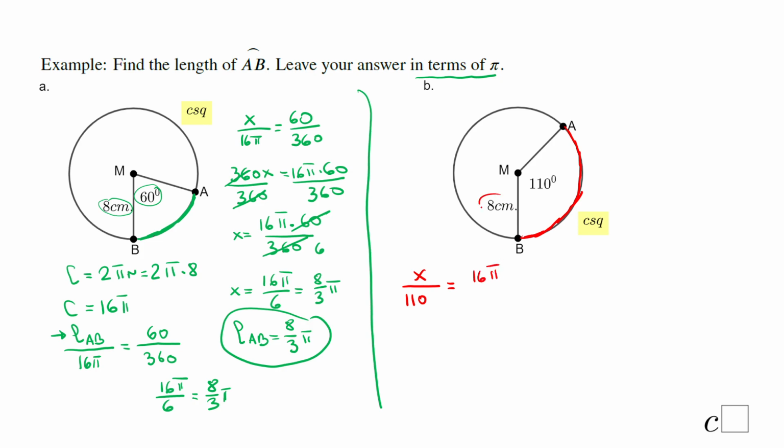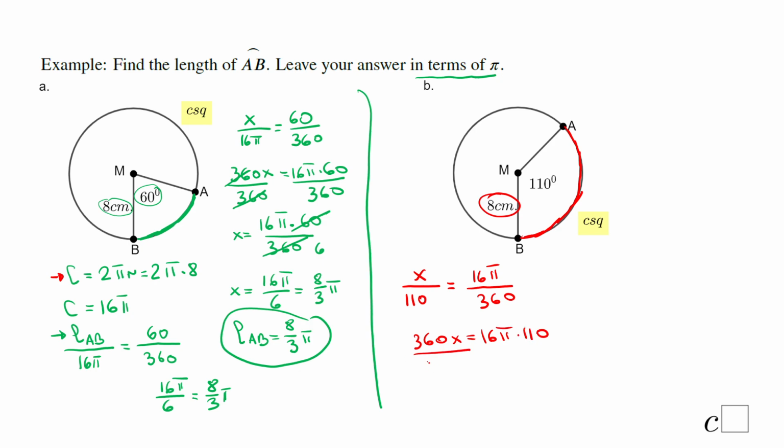We see the same radius of 8, so that will be good also here, over 360. So it's another way to write the proportion, but you will see the math is the same. So we have here 360x equals 16 pi times 110.